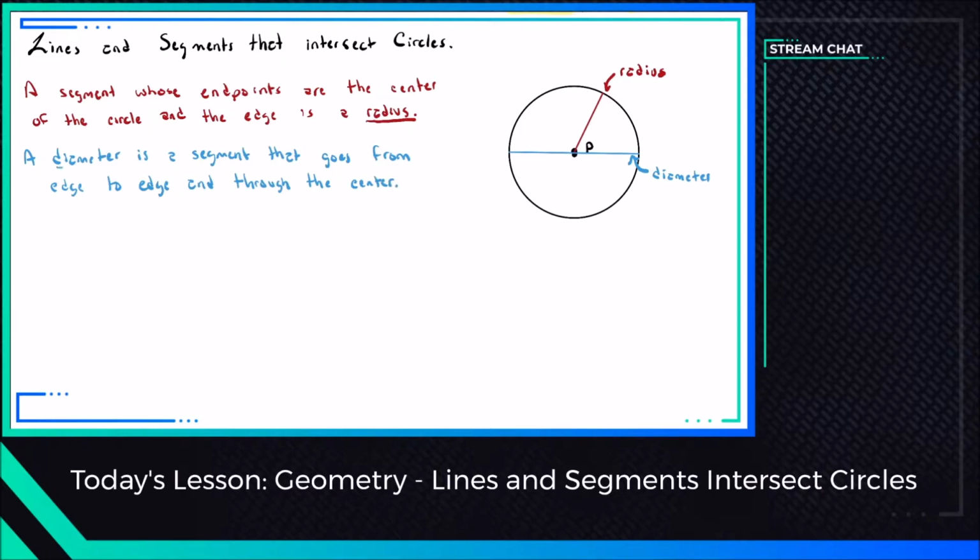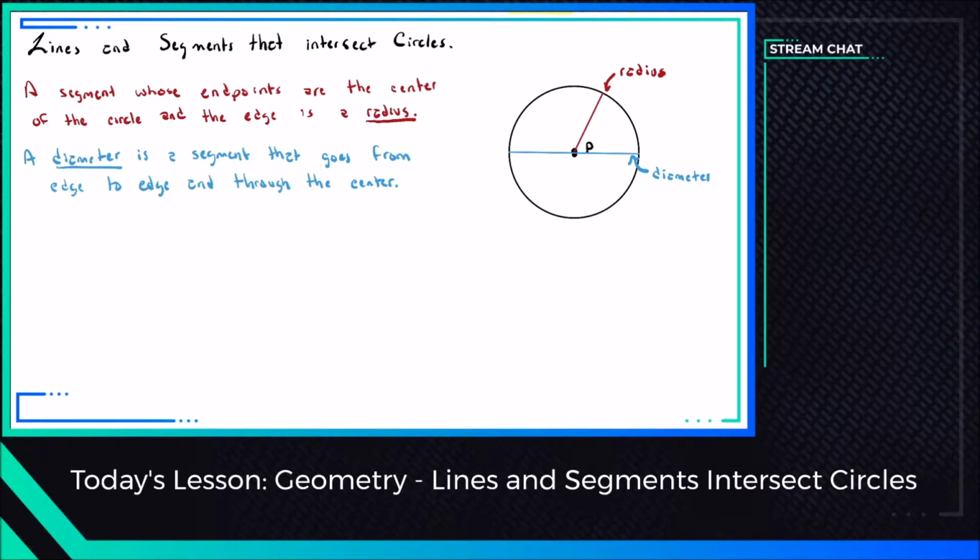So we have these two segments, one goes from edge to center, and the other one goes from edge to edge, but also goes through the center of the circle.